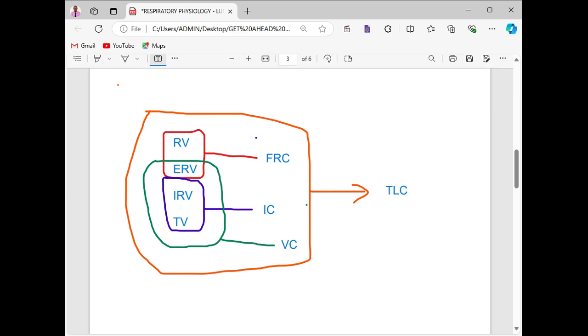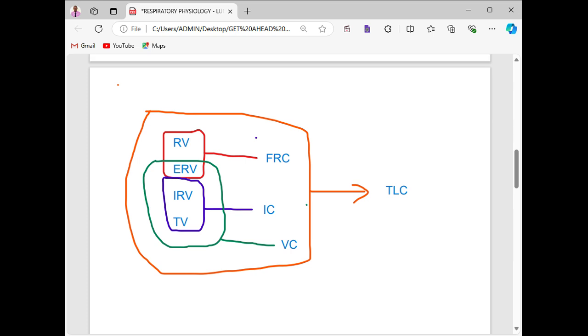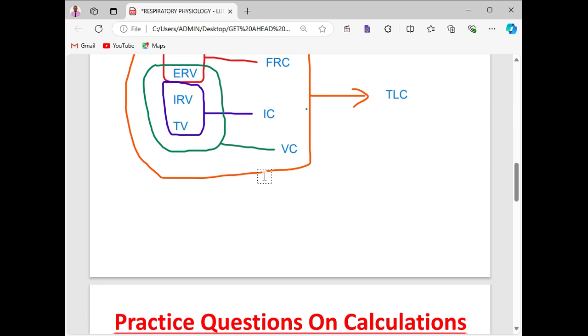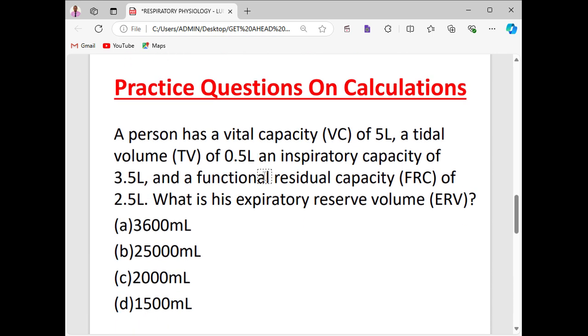Now, having known how to come up with these calculating formulas, let's look at a question or two, and see how those values can help us. The question says a person has a vital capacity of 5 liters, a tidal volume of 0.5 liters, an inspiratory capacity of 3.5, and a functional residual capacity of 2.5.